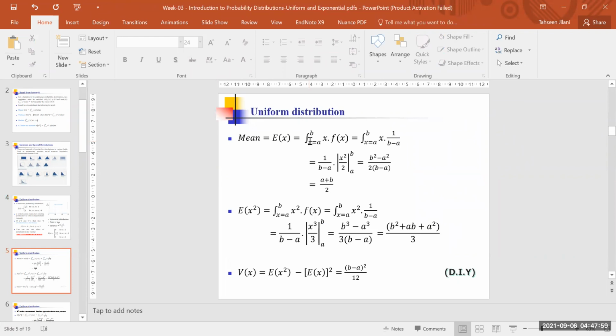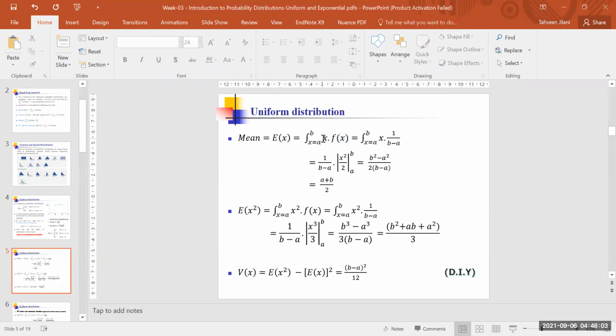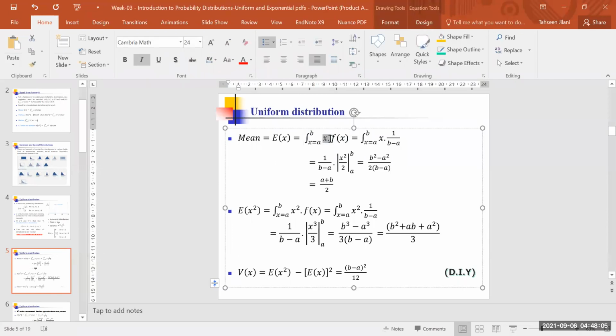So x has lower limit a and upper limit b, and you have seen this in the first lesson, and maybe you have worked on your assignment yourself, so you know that it is x times f(x). So I just say x times 1 over b minus a. Integration says remove the constant from inside the integral and put it outside.